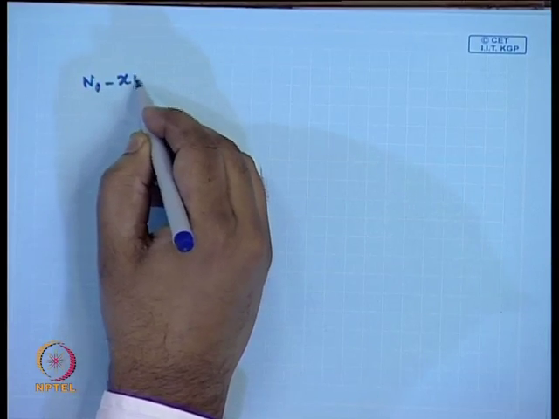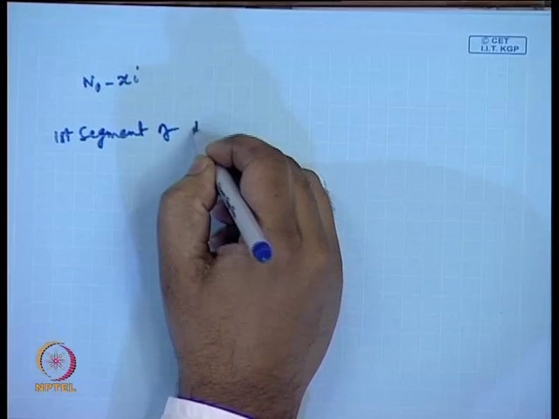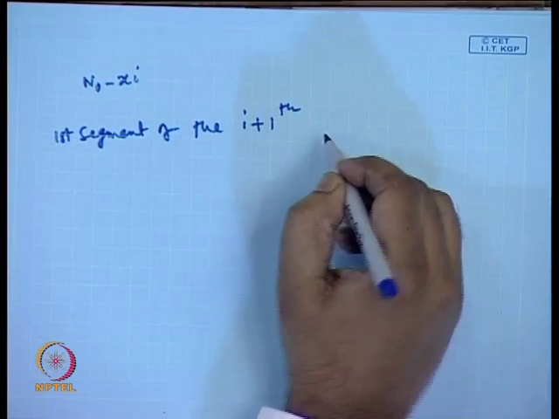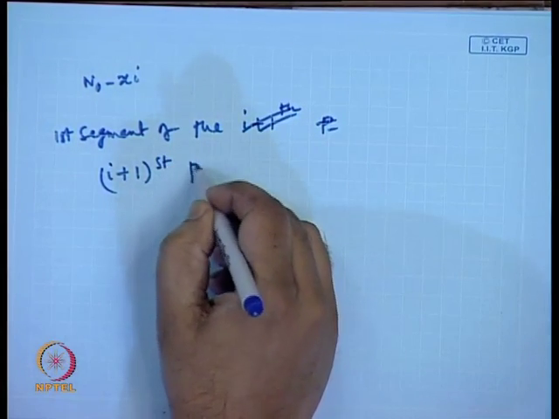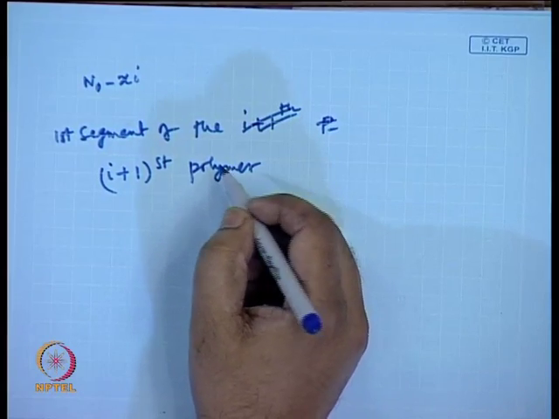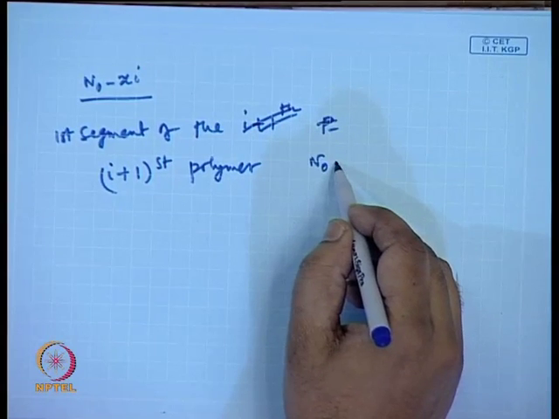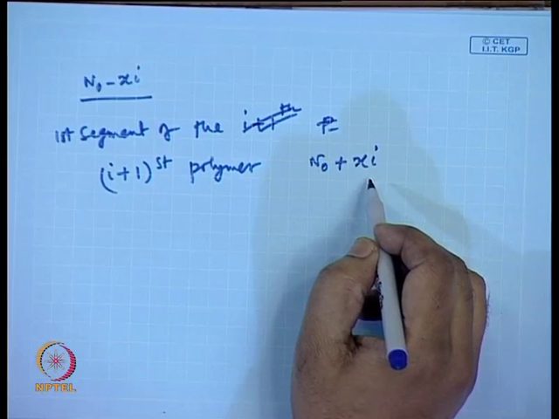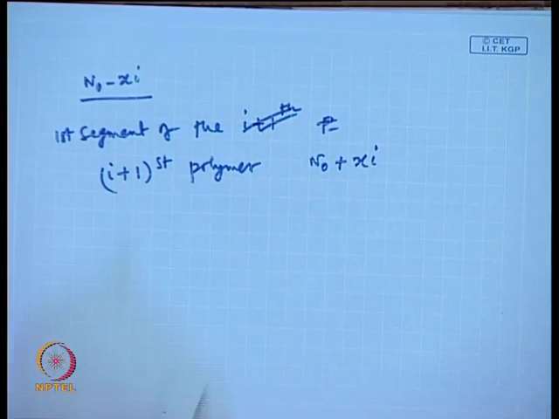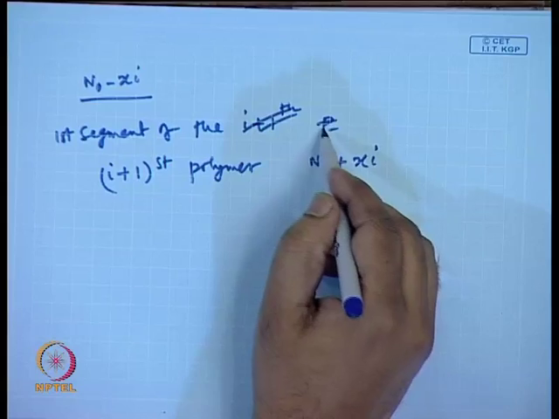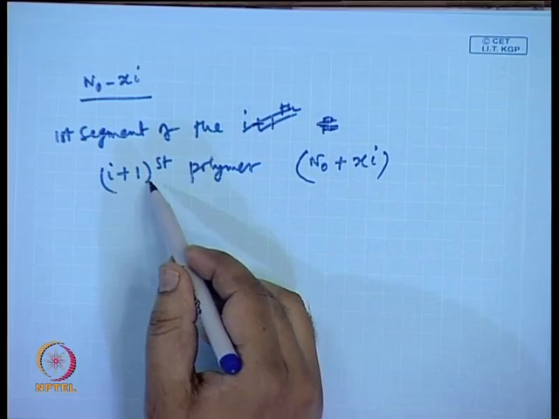There are n 0 minus x I vacant cells, and of course, it can be added to any of these vacant cells. So, this is the number of ways you can add the first segment.